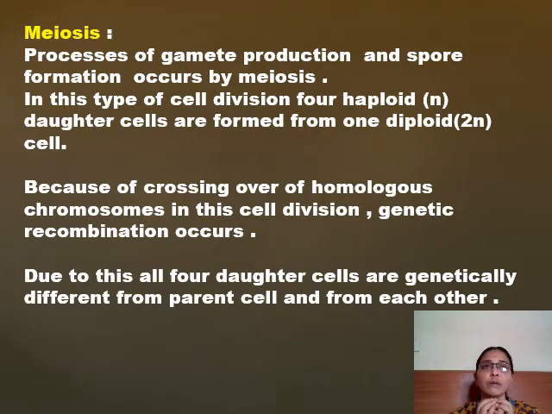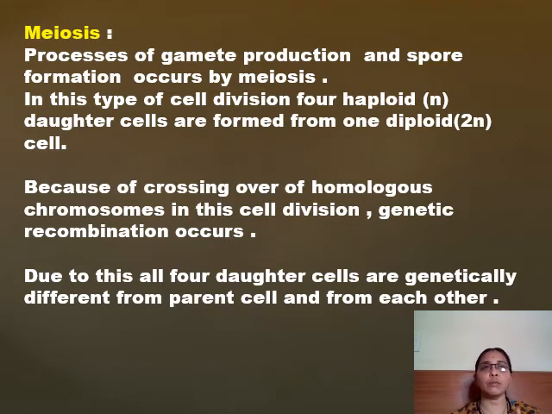There is a gynoecium and an androecium. The male gamete passes and it fuses with the ovary. So this process is gamete production and spore formation.